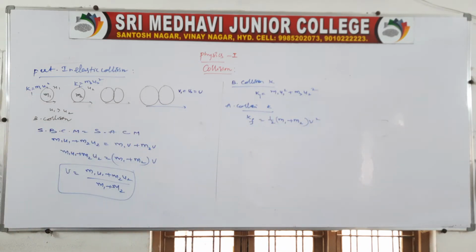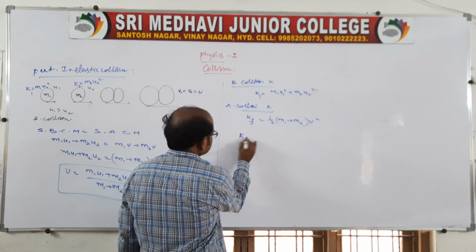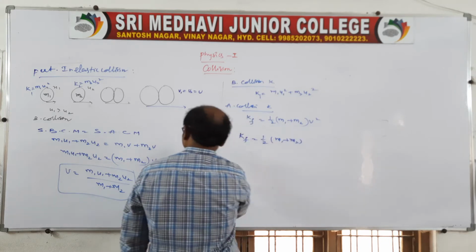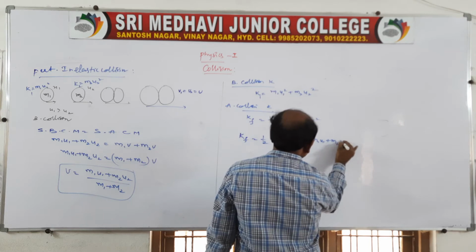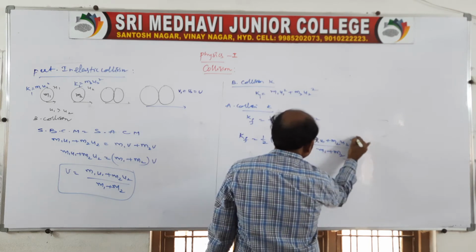Now we know that after collision the kinetic energy of the two bodies is Kf equals 1 by 2 (m1 plus m2) v square. Therefore Kf equals 1 by 2 (m1 plus m2) times ((m1 u1 plus m2 u2) by (m1 plus m2)) whole square.